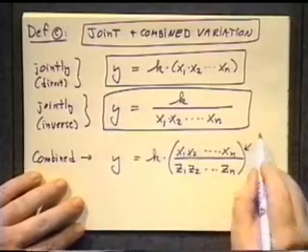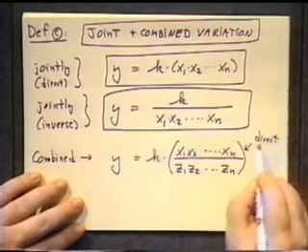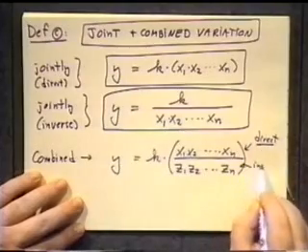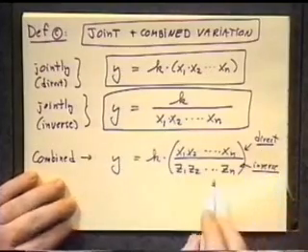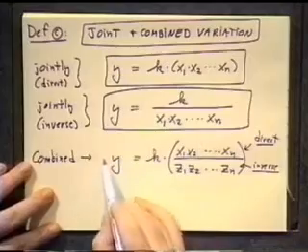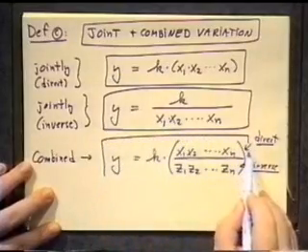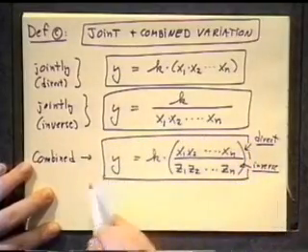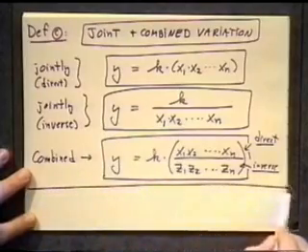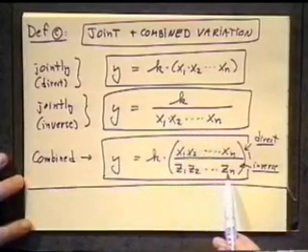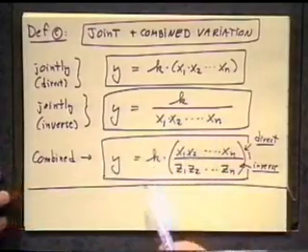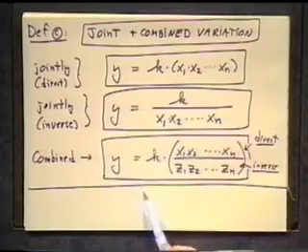So the top represents direct variation. The bottom represents inverse variation. And since they're both present, this is referred to as combined variation. Okay? And the x1, x2, xn, and the z's are all various quantities, and the k, as usual, is non-zero.